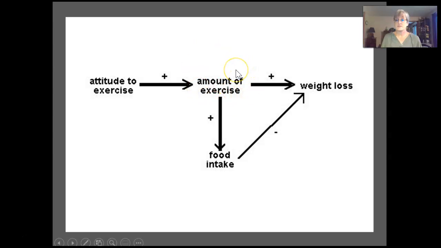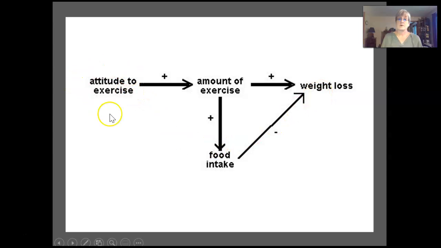How much you actually exercise is going to be theoretically positively correlated with weight loss. How much you eat should be positively related to how much you work out. You can eat more when you work out more. And how much you eat, though, is negatively correlated with your weight loss.